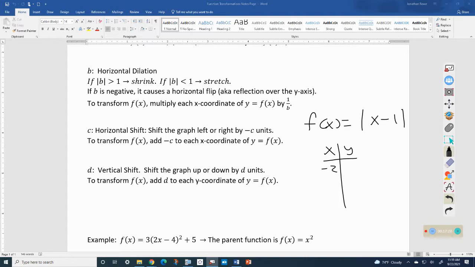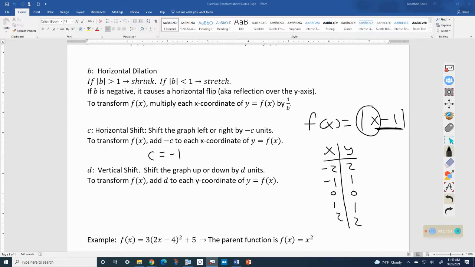We're always going to use negative 2, negative 1, 0, 1, 2, except on the square root and cube root functions. I'm just thinking about the absolute value of x only, the parent function. The absolute value of negative 2 is 2, of negative 1 is 1, and then 0, 1, and 2.